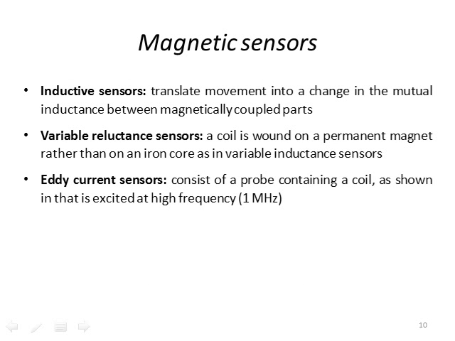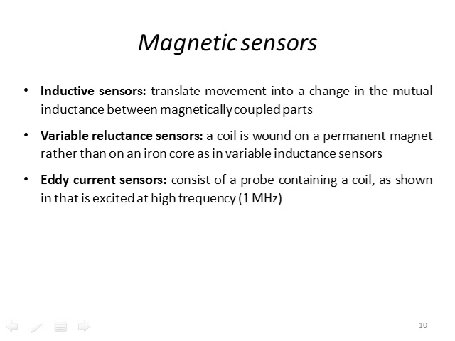Now, magnetic sensors, we'll talk about three types today. Inductive sensors that translate movement into change in the mutual inductance between magnetically coupled parts. A variable reluctance sensor, where a coil is wound on a permanent magnet, or a magnetic core, which can be iron or some other material.